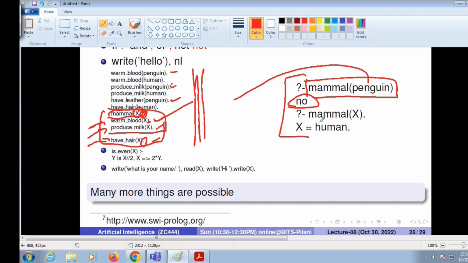If you call mammal X, for all the possible X it will tell you which can be assigned a value. It gives me human, because human has hair, produces milk, and has warm blood.